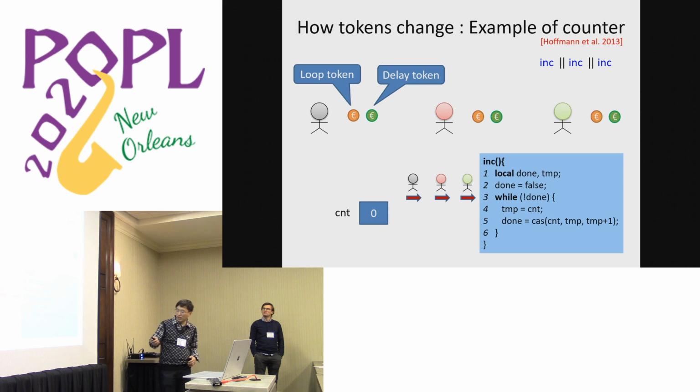In this case, we know that if there's no interference from the environment, then this loop will always succeed in one iteration. So then we only need one loop token. Okay. And yeah, it's like this.